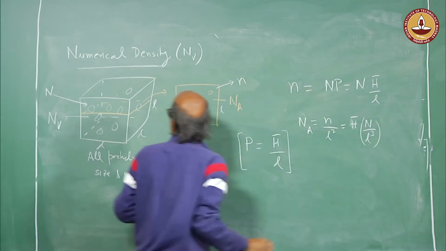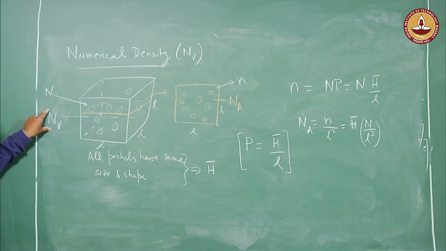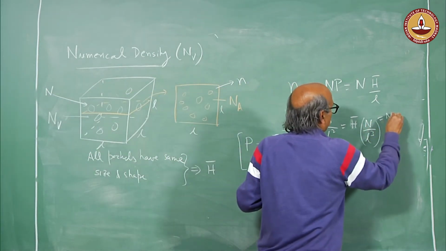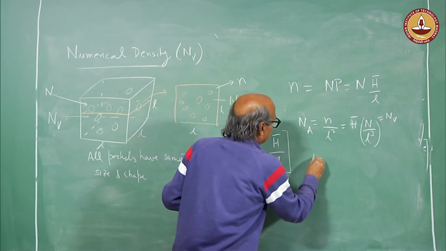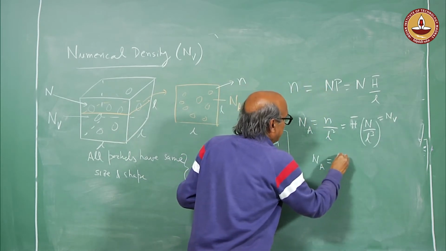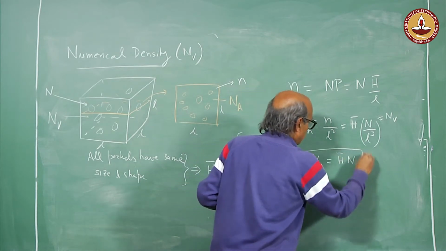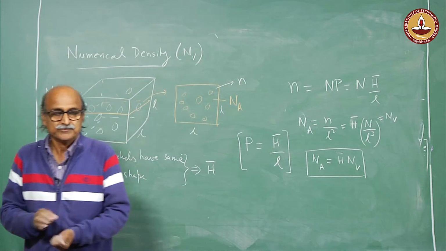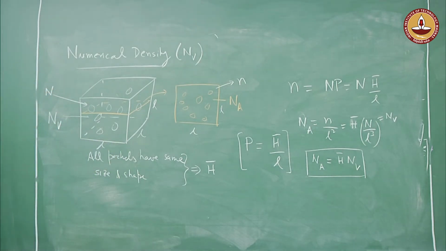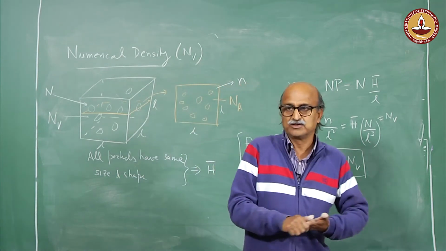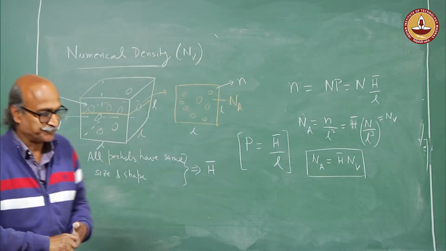Now, N upon L cube is nothing but number per unit volume. Hence, N A is equal to h bar times N V. Okay, so, this was the fourth fundamental relationship that we have derived here.